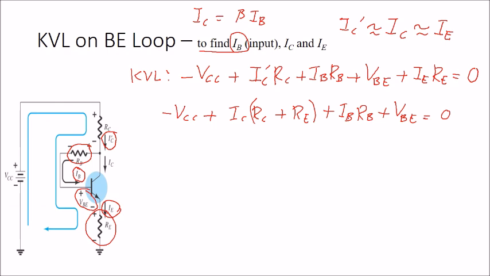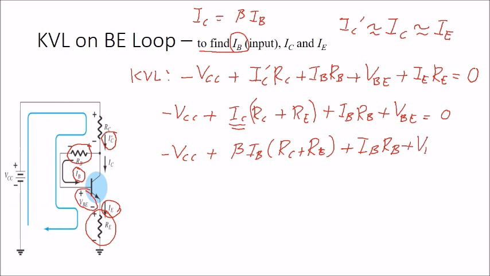Then what you need to do is find the value of IB first in the BE loop. To find IB, you substitute IC with beta times IB. So we have the equation: beta IB times (RC plus RE), plus IB RB, plus VBE equals 0.